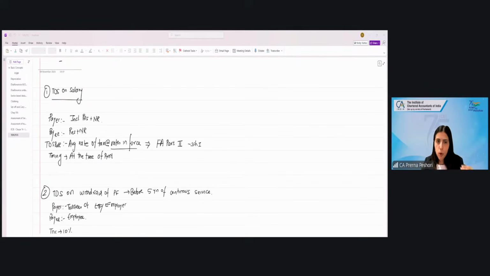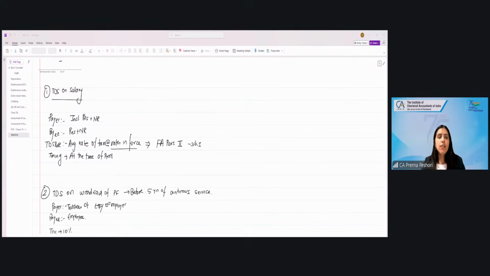So the employer, when he is deducting the TDS, for any concessions, any relief that the employee is claiming, has the responsibility to obtain the evidence or proof of that. Without which the AO can hold the employer liable for not deducting the TDS properly.